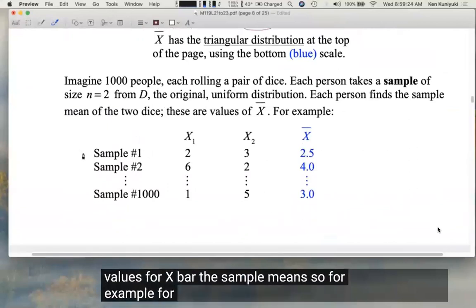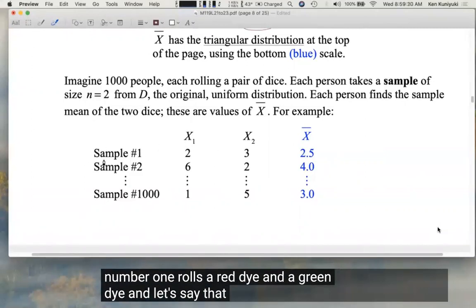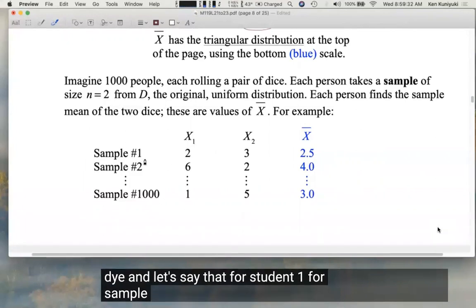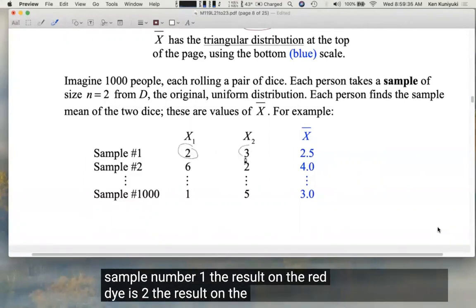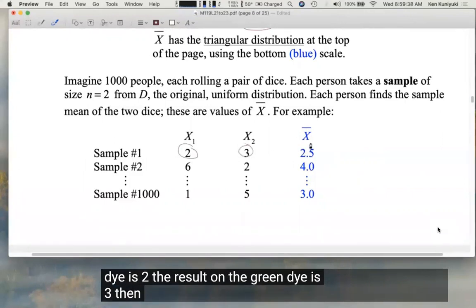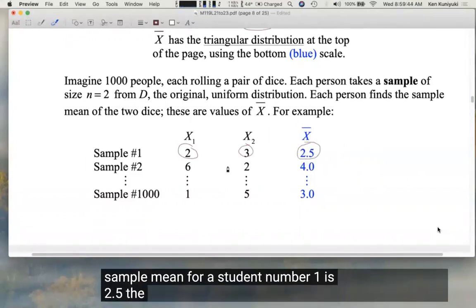So for example, student number one rolls a red die and a green die. Let's say that for student one, for sample number one, the result on the red die is 2, the result on the green die is 3. Then the result of the sample mean for student number one is 2.5, the average of 2 and 3.